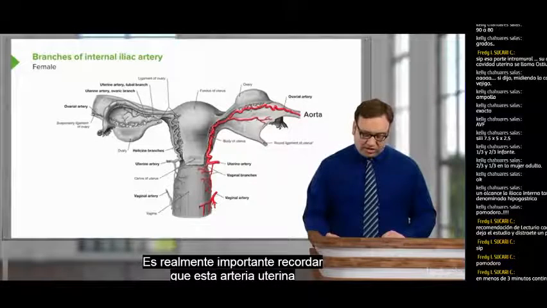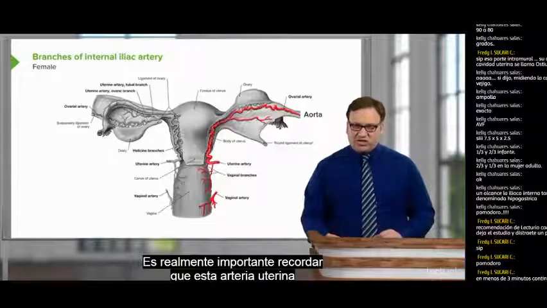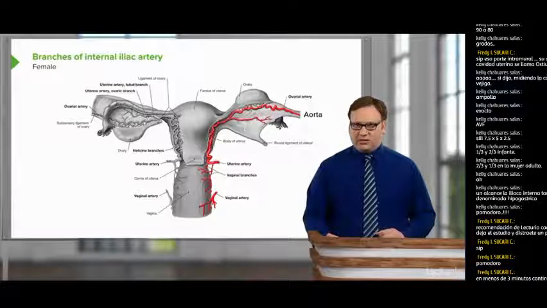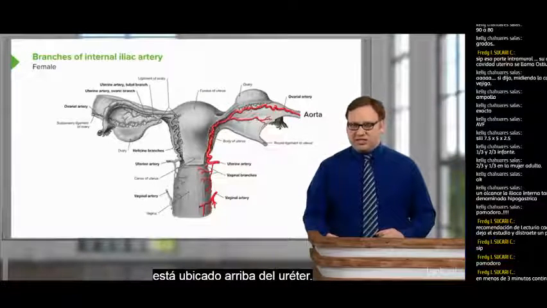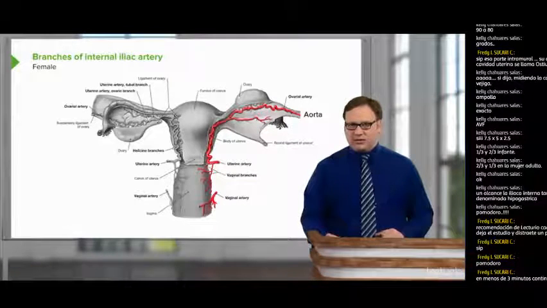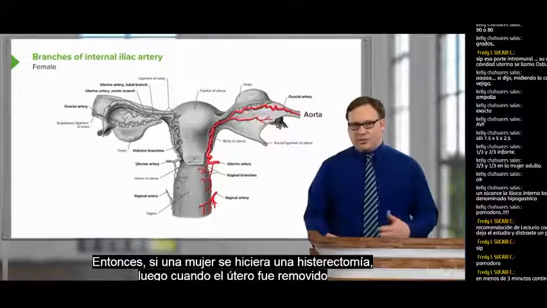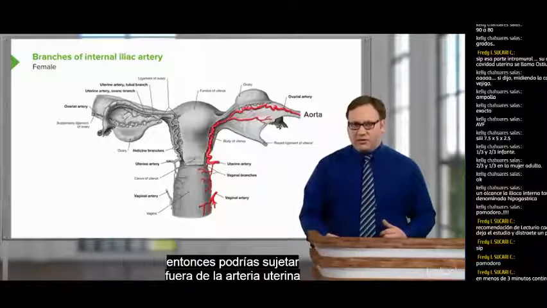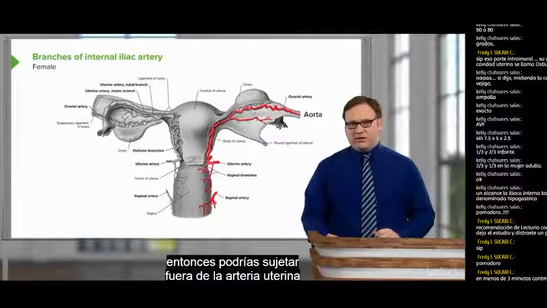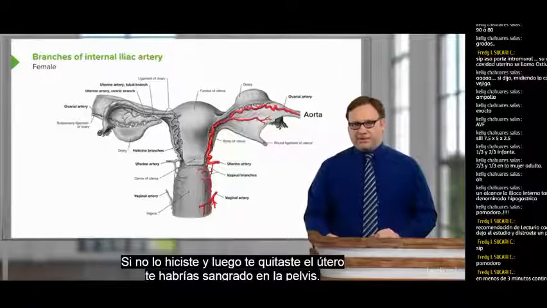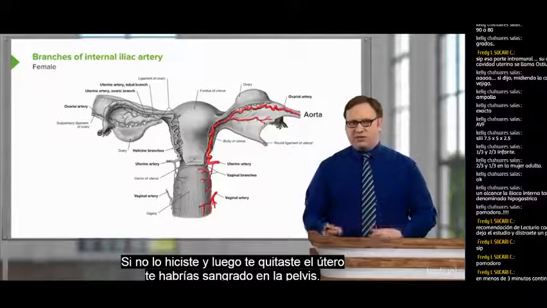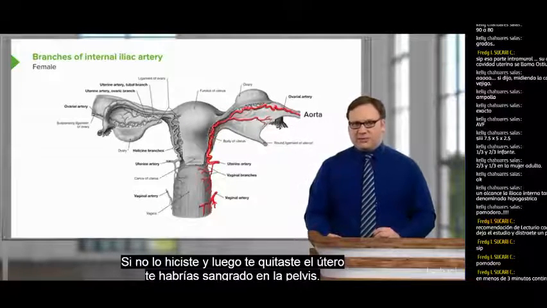It's really important to remember that this uterine artery is positioned above the ureter. So if a lady was to have a hysterectomy, then when the uterus was removed, you'd clamp off the uterine artery. If you didn't, and then you remove the uterus, you'd have bleeding out into the pelvis.